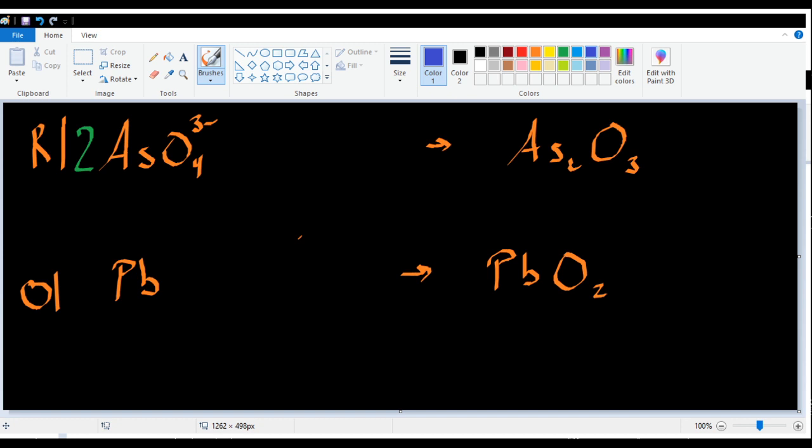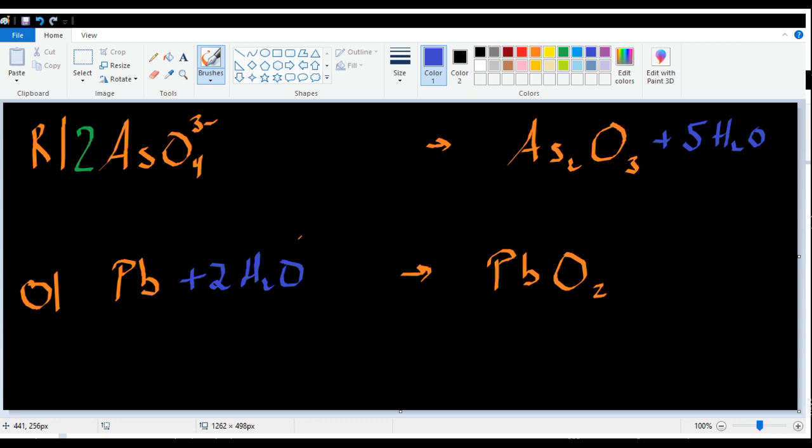Don't forget, coefficients matter. So 2 times 4 gives us 8 oxygen up top left. 1 times 3 is 3. So 8 versus 3, we need 5 water over here. And we need 2 water down there.